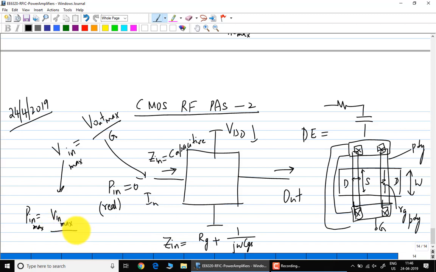So the input current is V in max by mod Zin, correct? So squared times 1 over 2R. Of course, the 2 comes from 1 over root 2 of the amplitude.